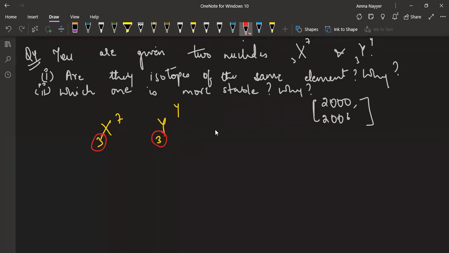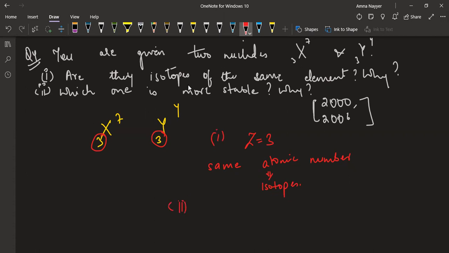Same atomic number. Z is equal to 3. Same atomic number. That's why they are isotopes. This is the answer for the first part.